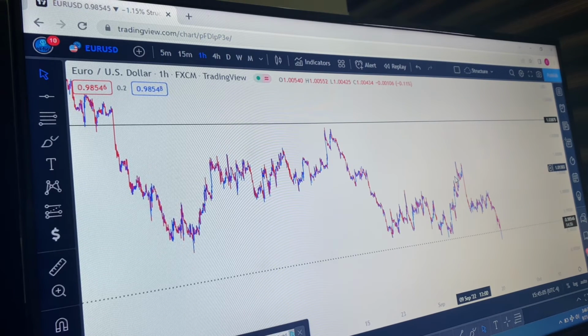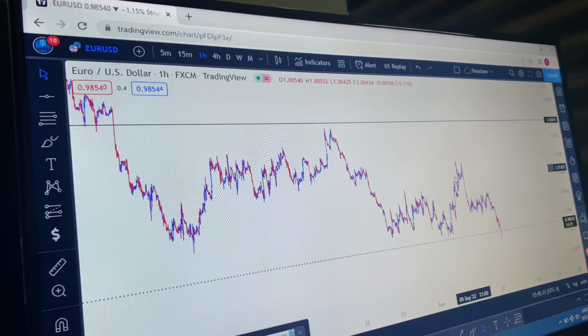Is the market going down or is the market going up? Where is the major support and resistance on the bigger time frame? You have to see the bigger picture of the market before going to the smaller time frame to see where I can buy and where I can sell. I hope that is very clear.